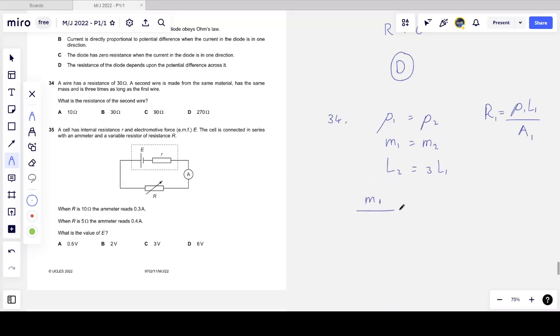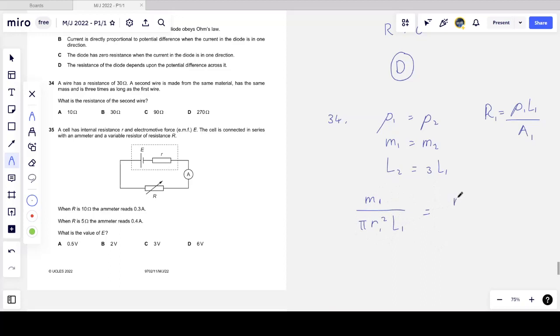So density being mass over volume, it's mass over pi r1 squared times the length. We're assuming that the wires are cylindrical and they have the same densities, and their volumes are pi r squared times the length.